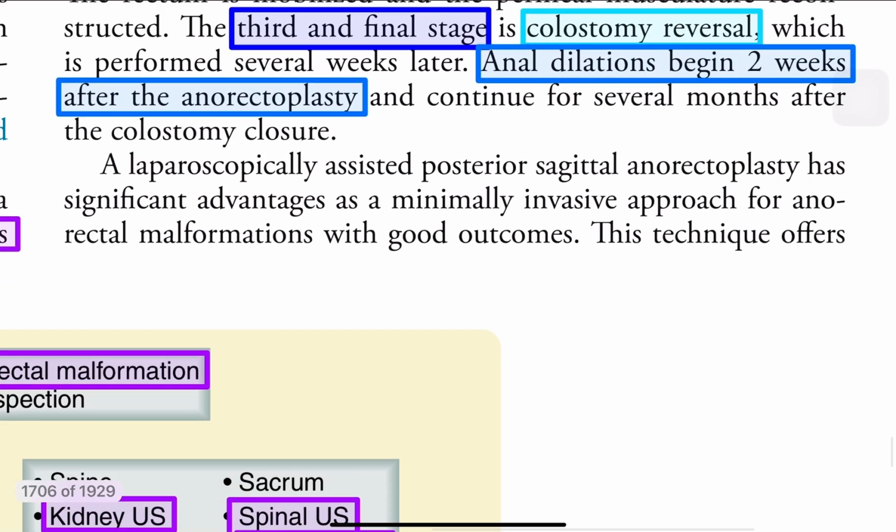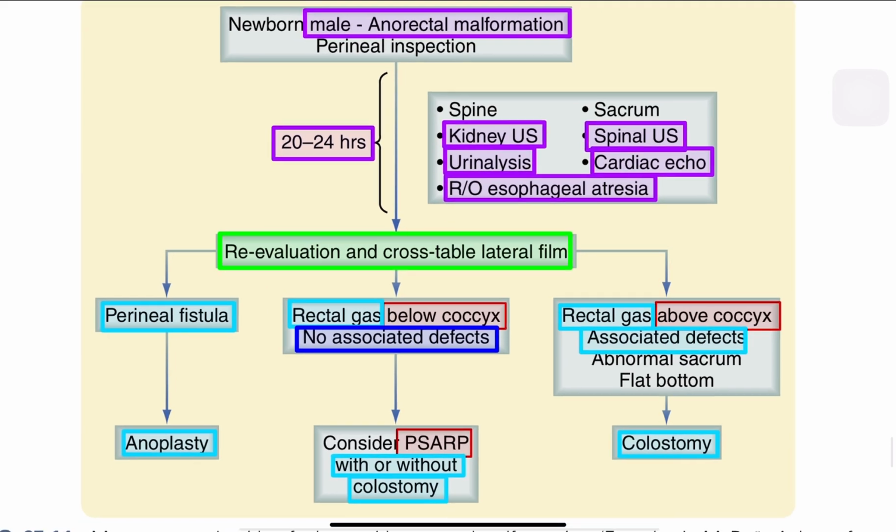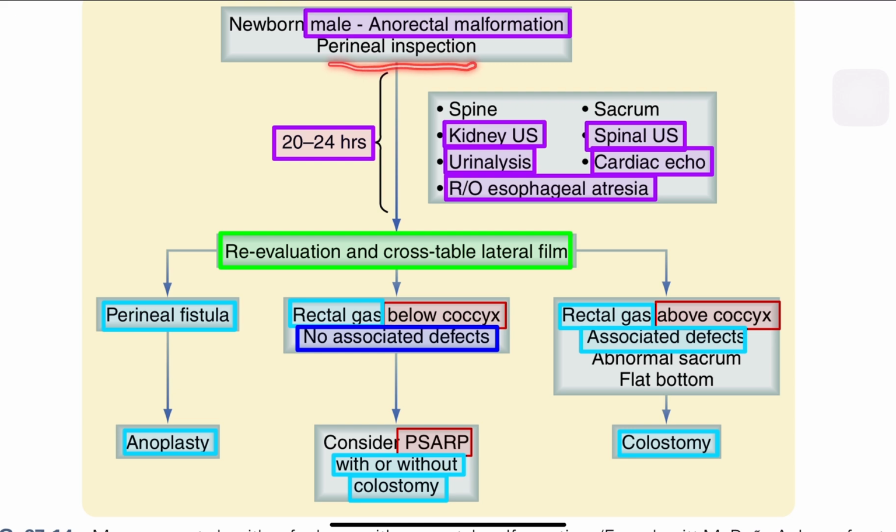So this flow chart is very important. They ask frequently. Any male newborn with anorectal malformation, you have to do perineal inspection, and within 24 hours you have to do spine and kidney ultrasound, spinal ultrasound.